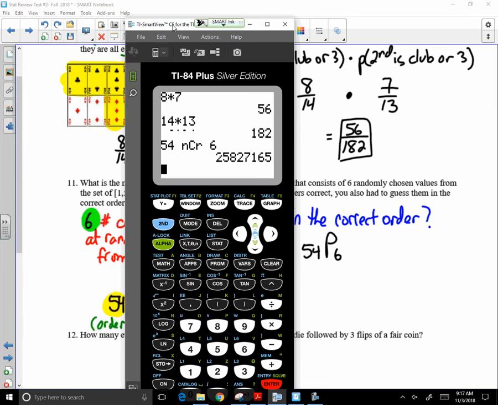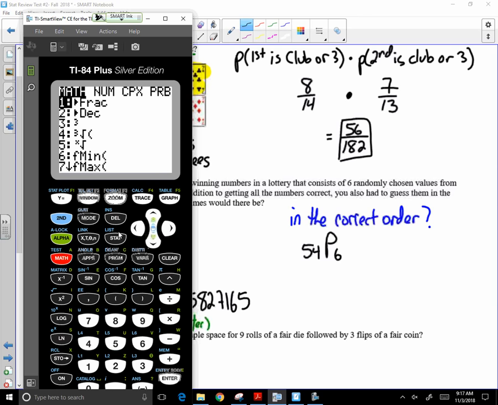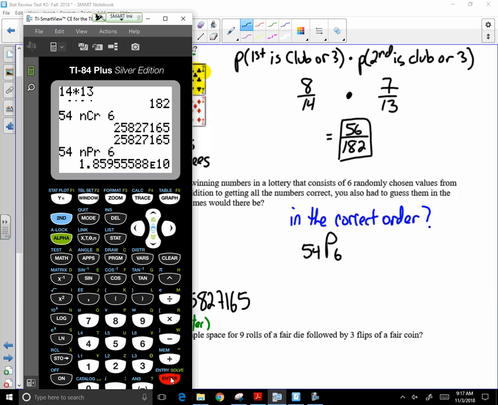Equivalent permutations are always much larger than their corresponding combinations. And I see here we have that scientific notation, the E10. And what I mentioned in class was that generally, if this comes up, we leave it as the permutation.